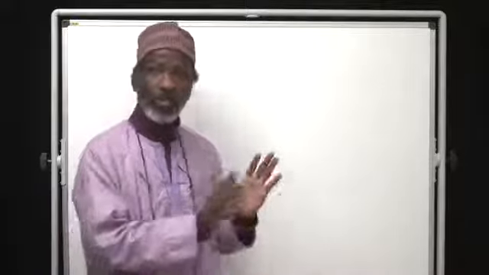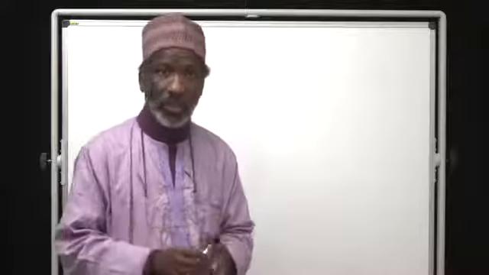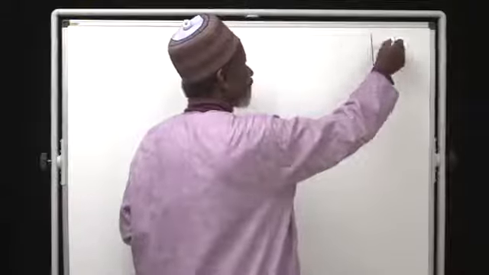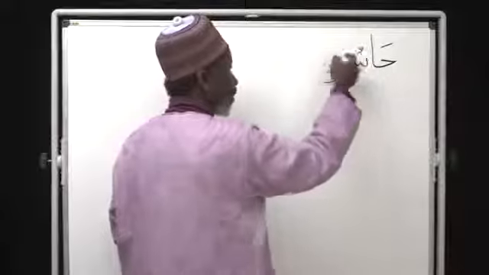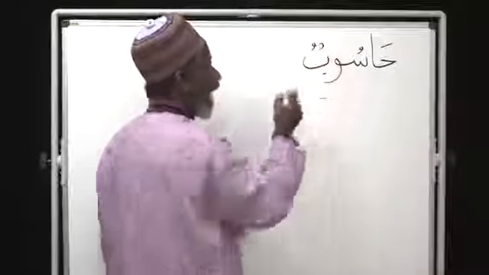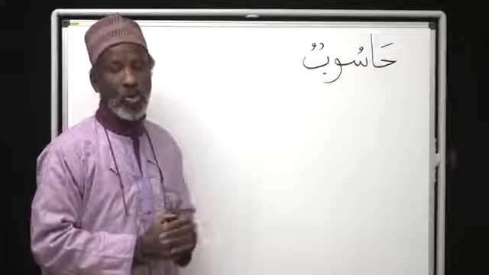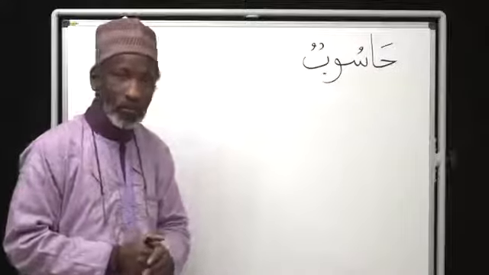Now I'm going to put on the board for you some other nouns, like items such as a computer. A computer in Arabic is ha, that's extension, su, another extension with waw, hasubun. That means a computer.